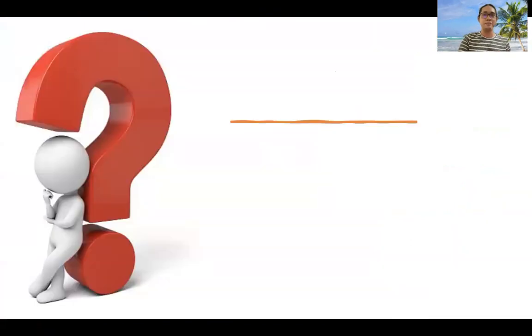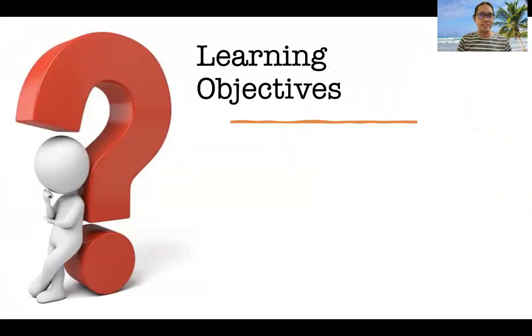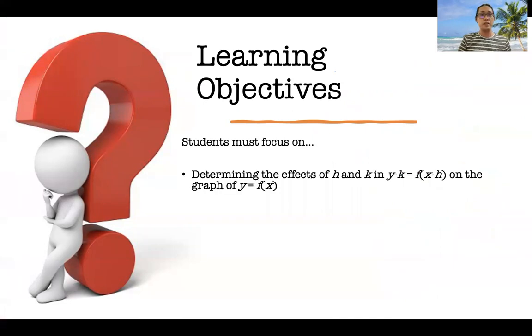Let's continue. It's very important to be guided by our learning objectives for today's lesson. Here are the things that I want you to focus on. We will determine the effects of h and k in y minus k equals f of x minus h.